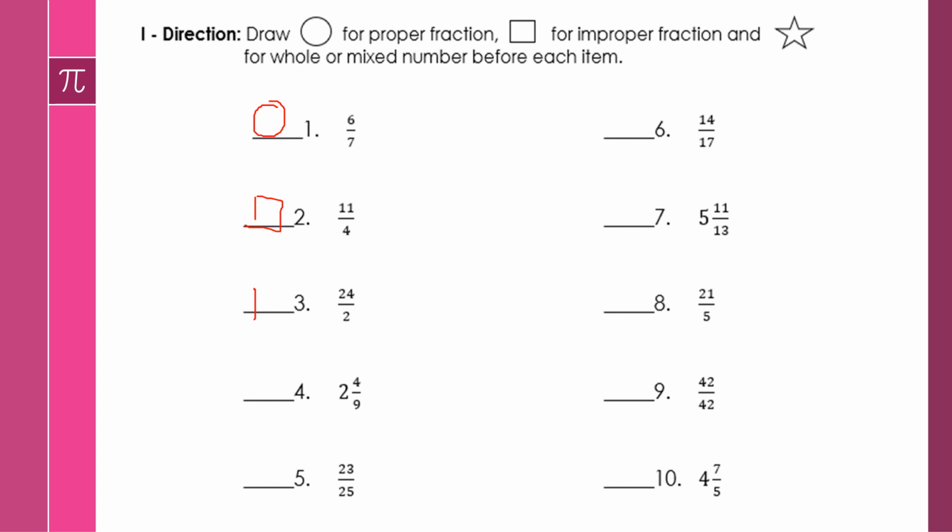The same with 24. But if you are going to reduce this to lowest term, it becomes star because 24 divided by 2 is 12. That is already a whole number. So you can answer either square or star. So this one is star.